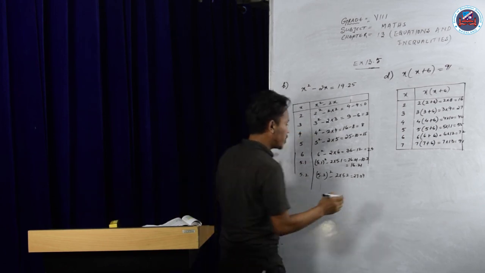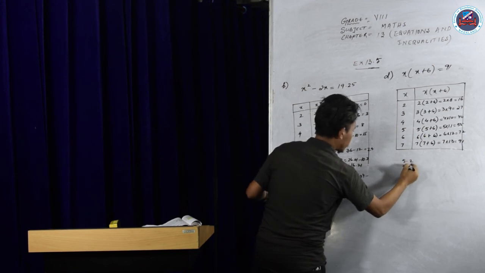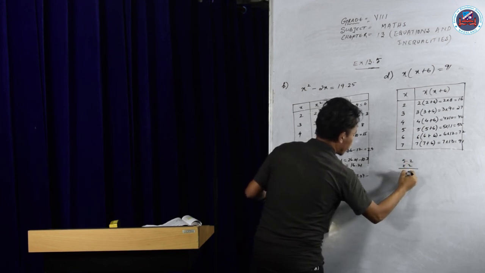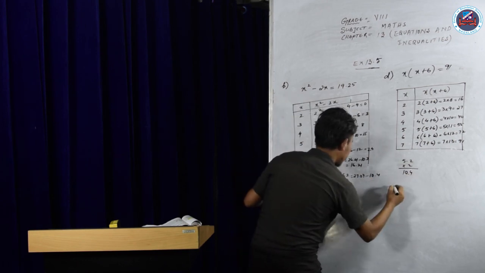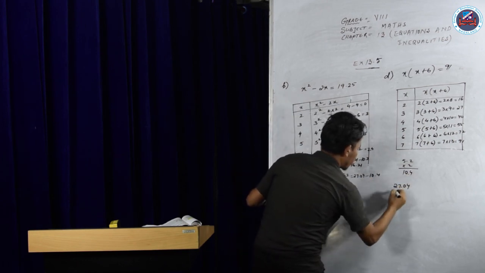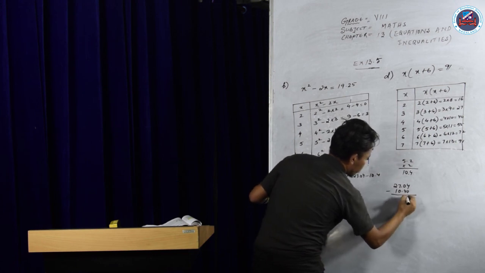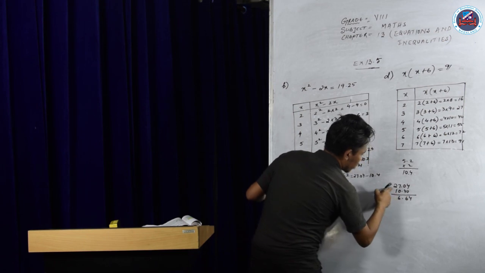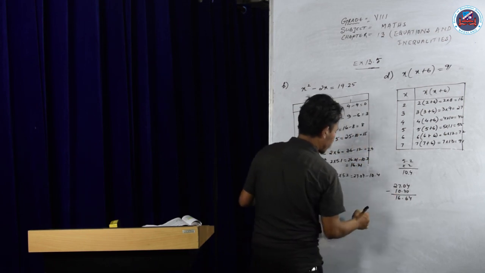It's looking a little messy, but please bear with me. 5.2 into 2, I get 10.4. Let's subtract 27.04 minus 10.4. I get 16.64.